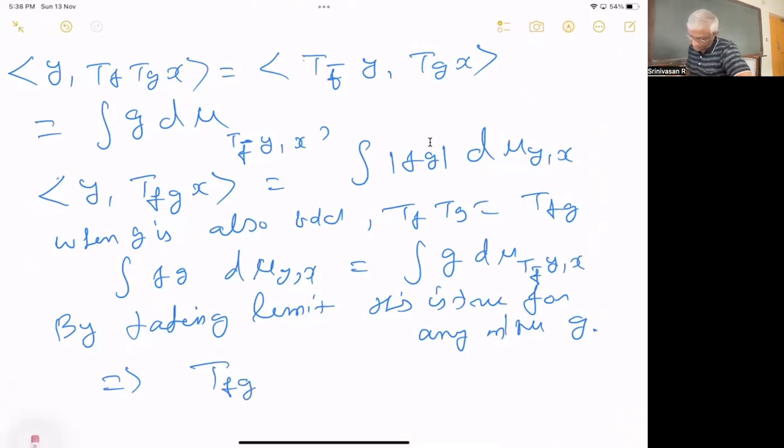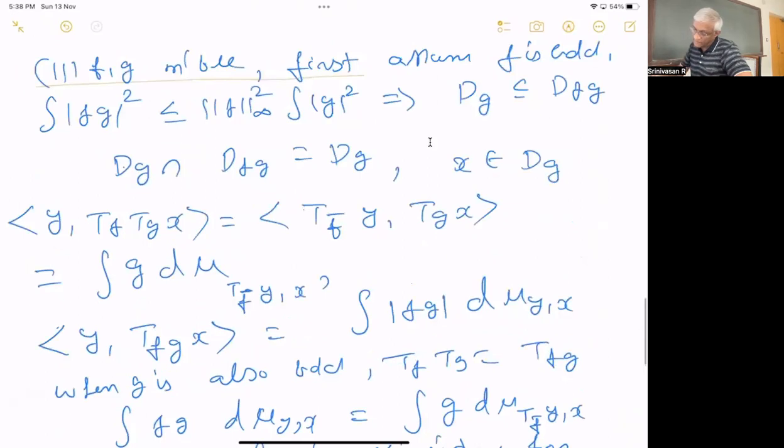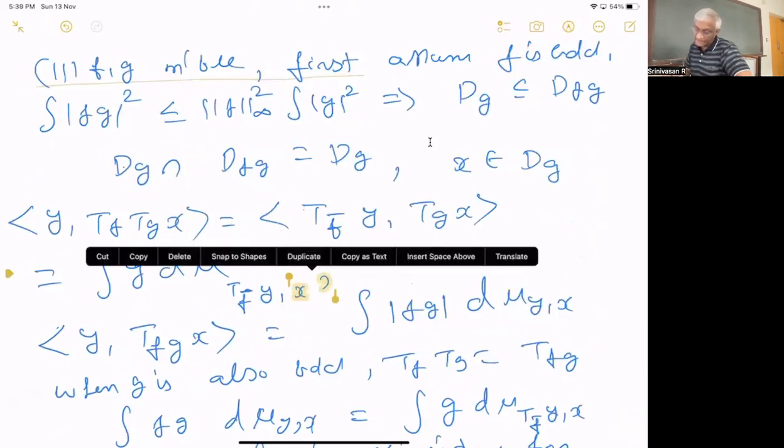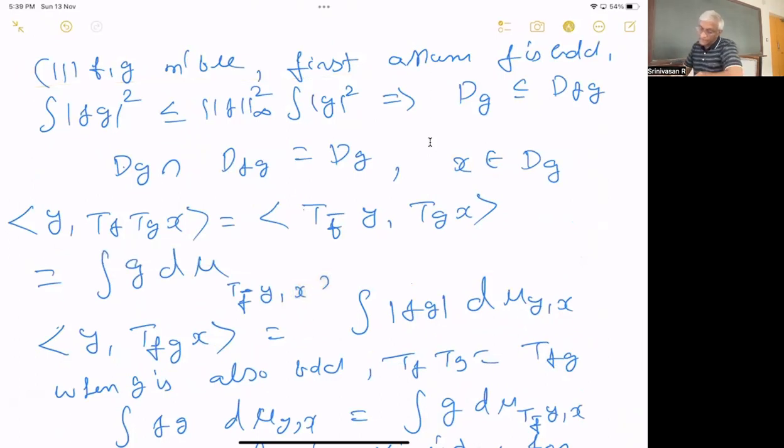This implies what? We started with something in the domain of T_F T_G, right? Where did we start? X is in D_G, we started.